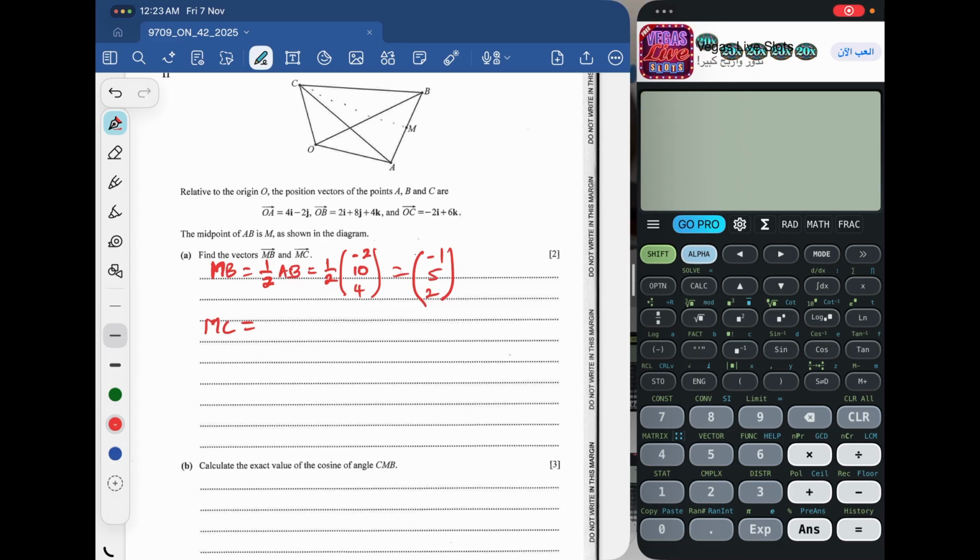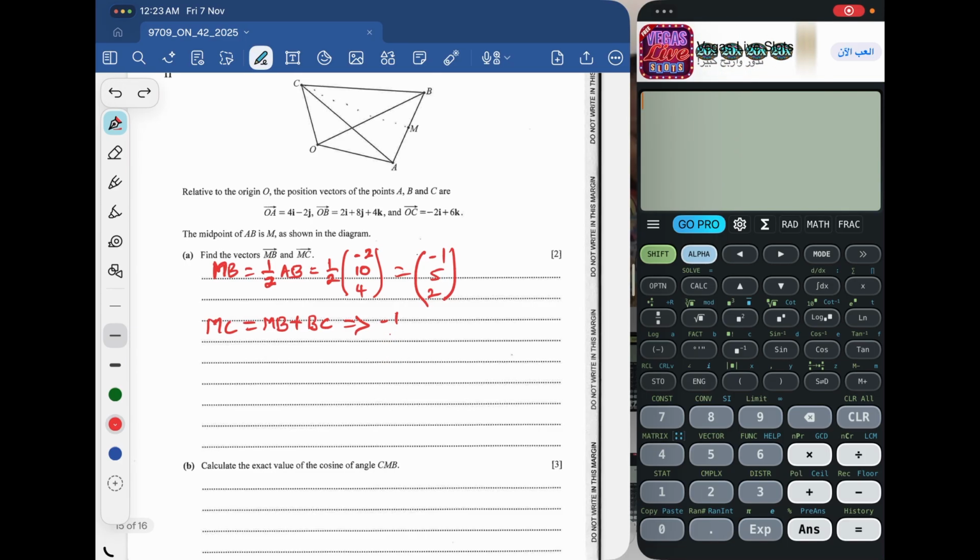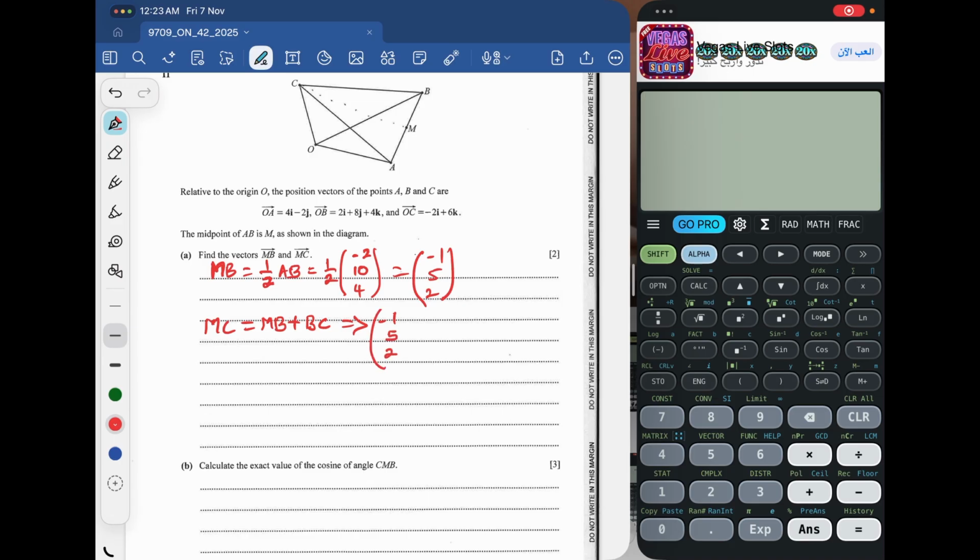Then similarly, MC will be MB plus BC. So MB we already found, minus 1, 5, 2, plus BC, which is C minus B: minus 4 minus 2 is minus 6, 0 minus 8 is minus 8, and the last component is 2.